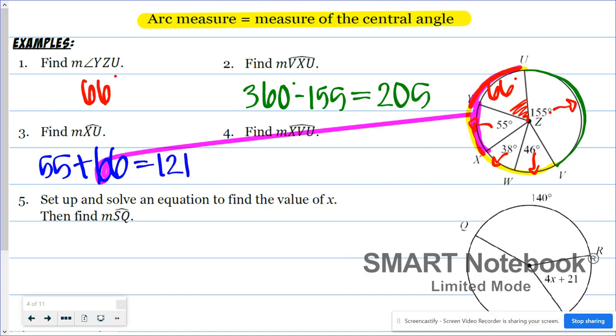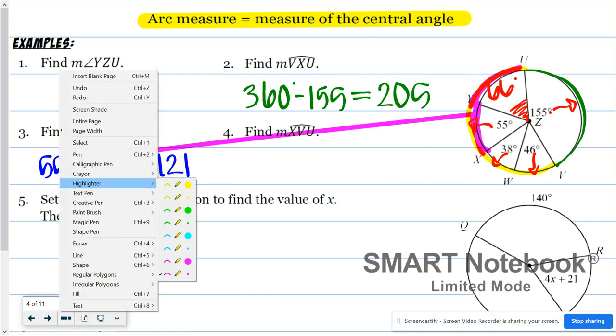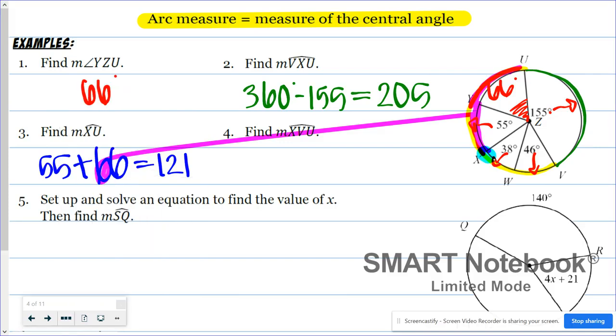And then finally, find the measure of XVU. This is different than number 2. It seems similar because they're using the same three letters. But arc XVU starts at X, goes through V, and ends at U. Notice it's the major arc, whereas the previous one used the minor arc.